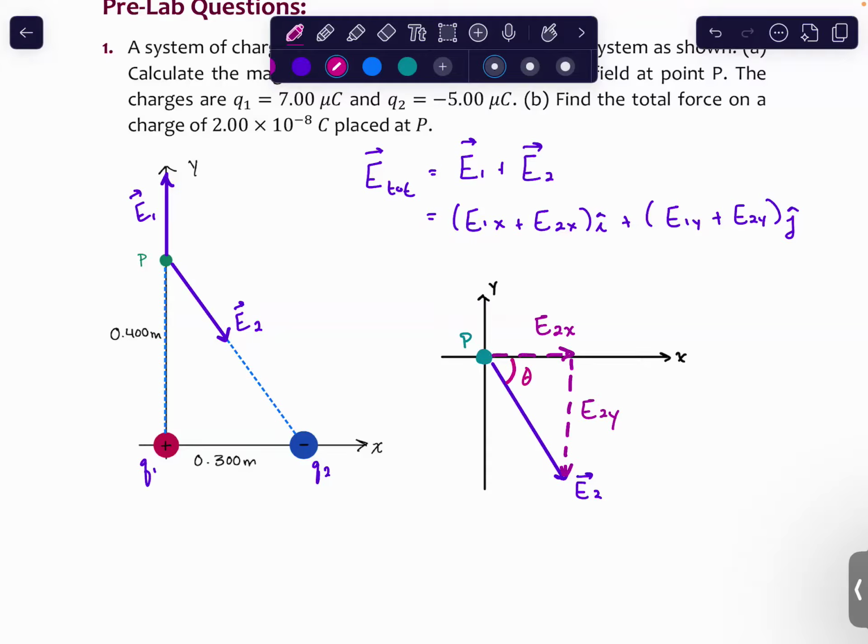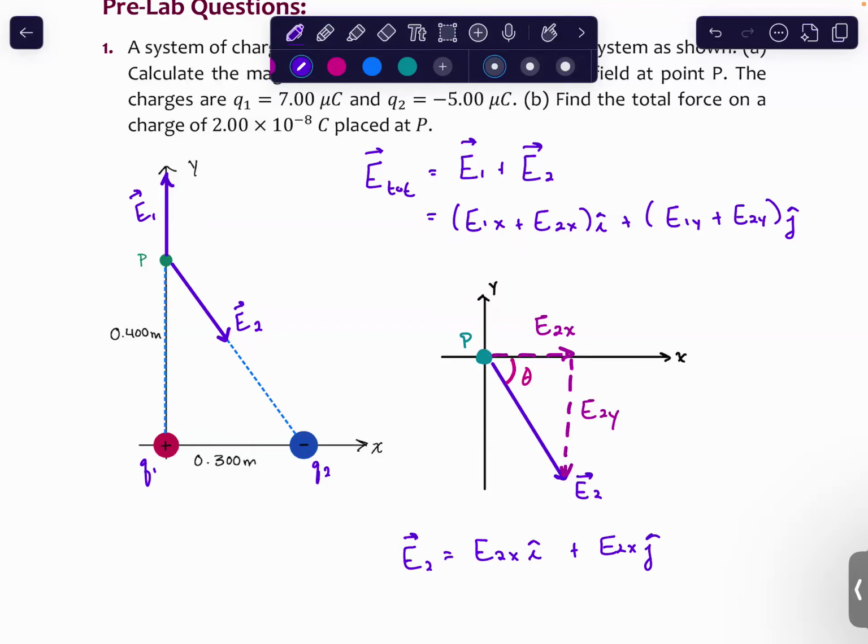Okay, so then once you have the vector component form of each one, for example, you'll end up with E2 in vector component form.